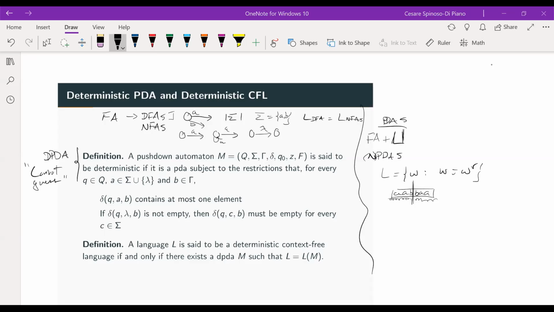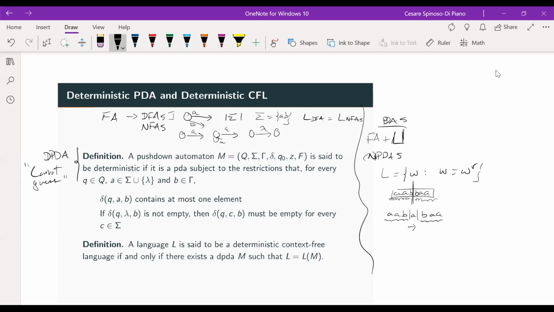There's another question. The guessing also works for odd length palindromes. So if you had something like aabaa, then your machine is still an NPDA because it still needs to somehow guess that you have to stop here and then use a transition here and then keep going and popping.